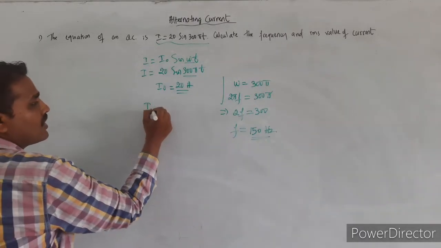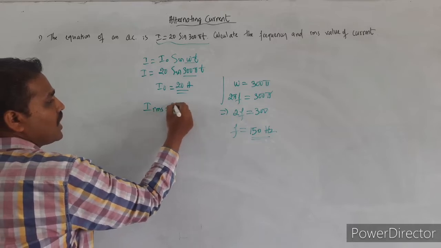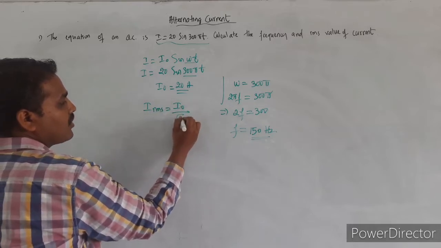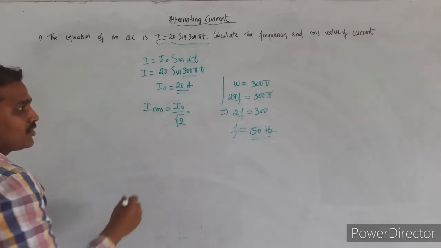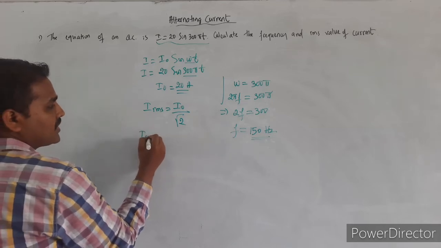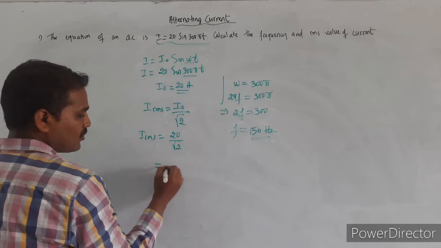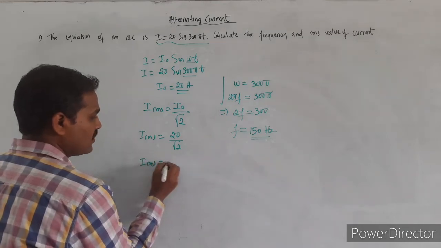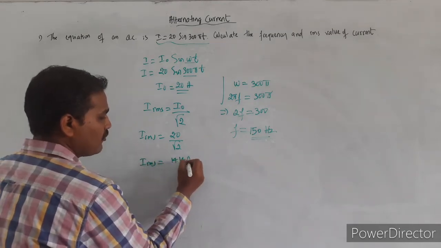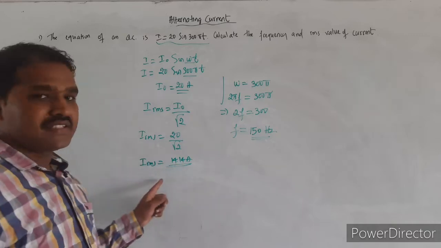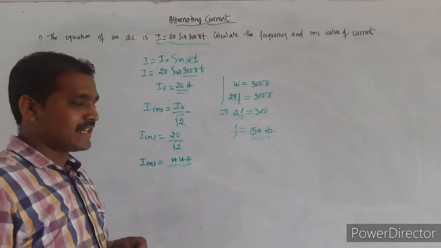So I RMS is equal to I naught divided by square root of 2, that is 20 divided by square root of 2. This value I get as 14.14 amperes. This is the RMS value of the current.